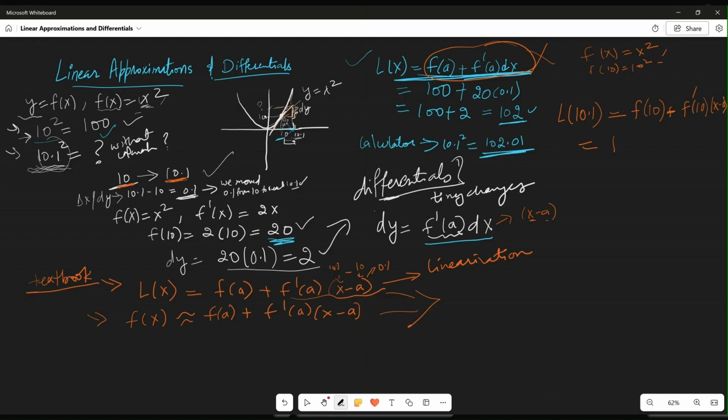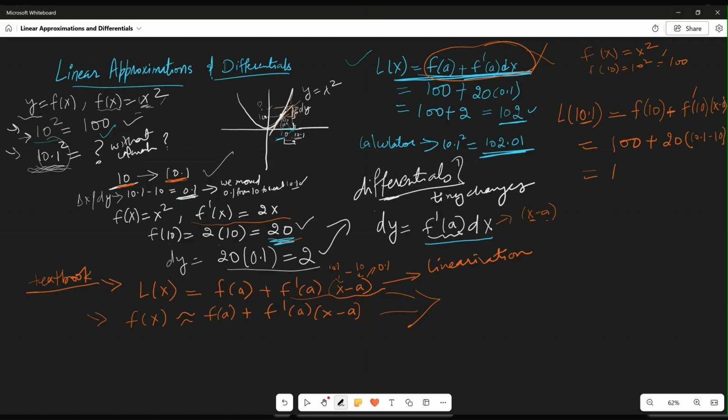which is equal to 100, right? f of 10 is 100, plus the derivative we just found, which is 2x, and at 10 the derivative is 20, right? Multiplied by x minus a, where x is 10.1, the point we are trying to find the linearization for, and a is 10, the known value, where we are already standing.